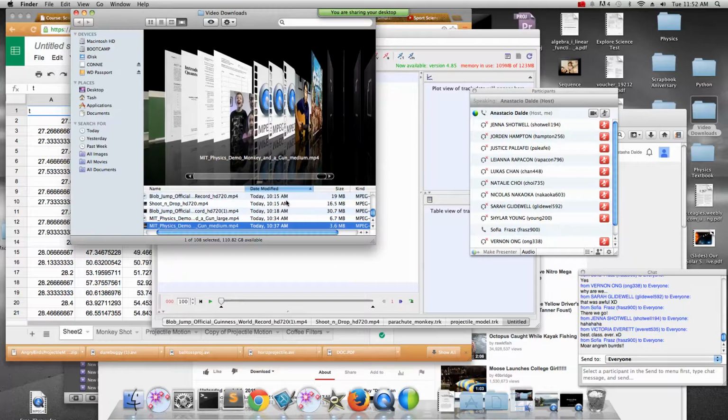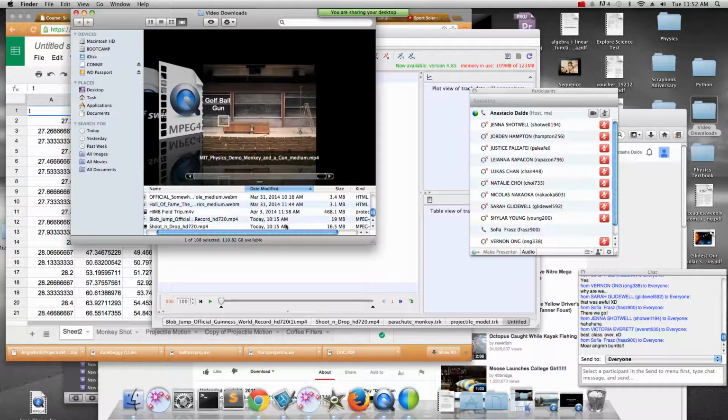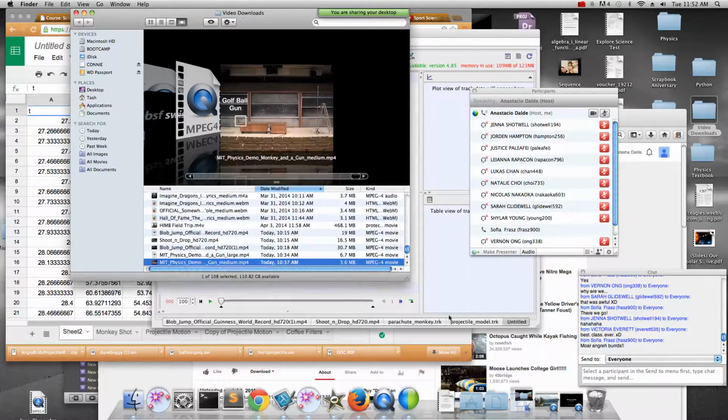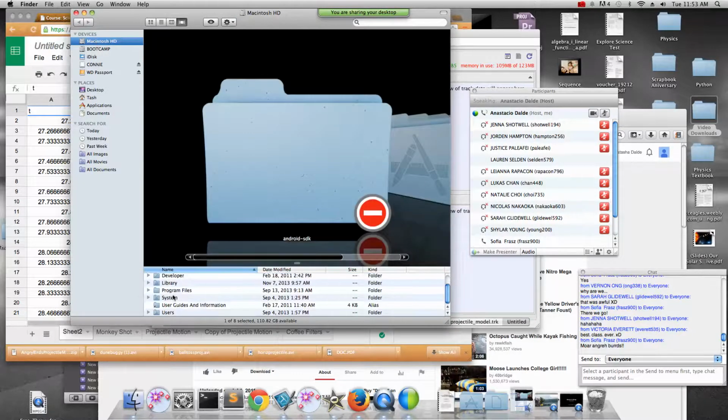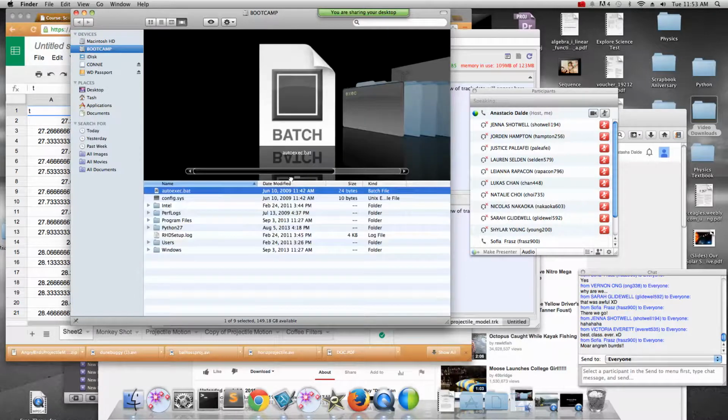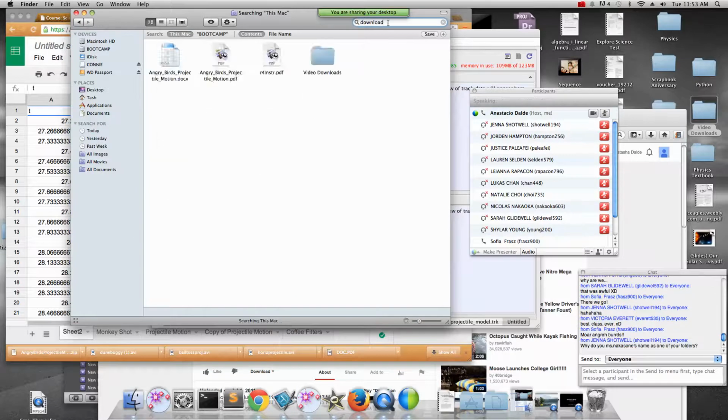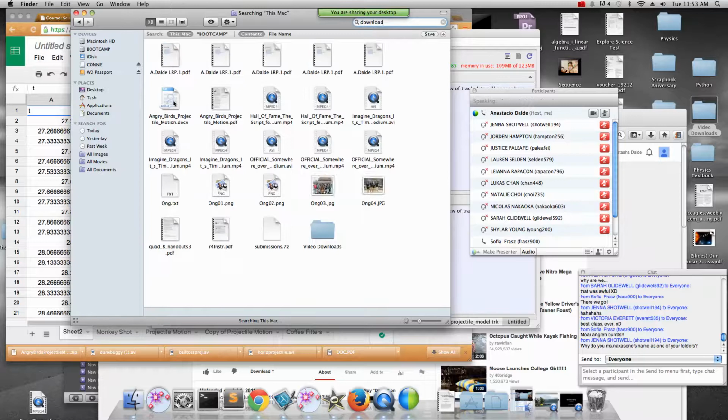Alright, let's see. Date modified. Let's do date modified. Where's the Angry Birds one that I had? No, it wasn't in video downloads. It was just in straight up downloads. One second, I'm looking for it. Where's my downloads folder? Is it in Boot Camp? Oh, sad.